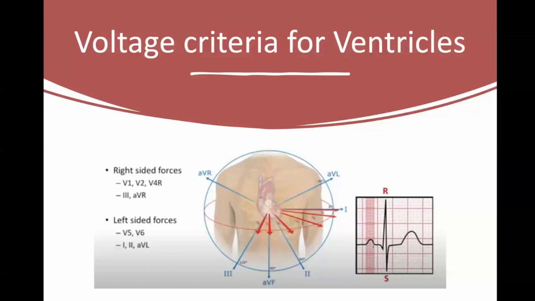The left ventricle can be assessed by the positive R waves in the left side of the precordial leads, so V5 and V6, and the limb leads 1, 2, and aVL. A hypertrophied ventricle would show large R waves in these respective leads.